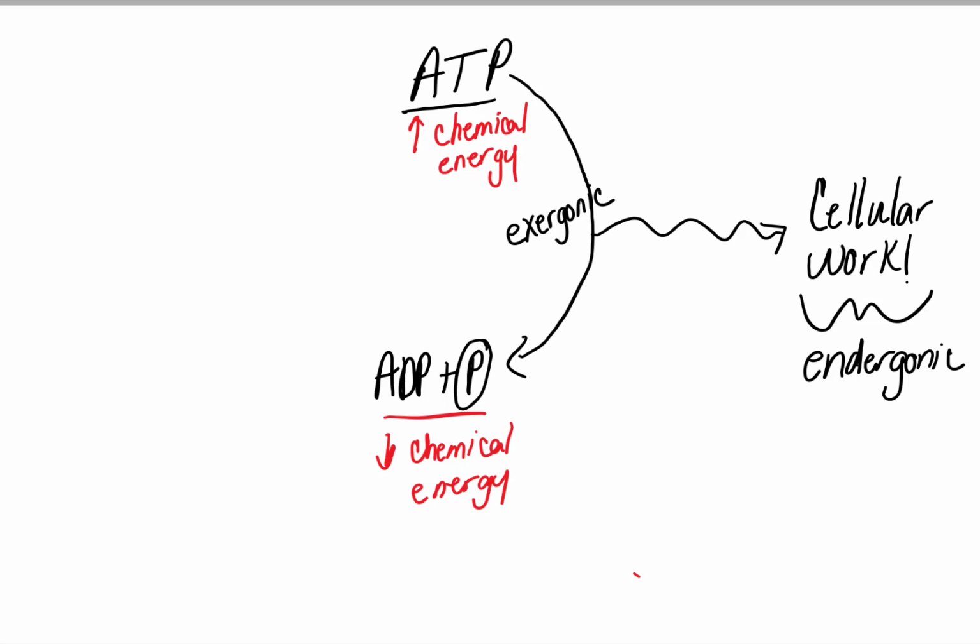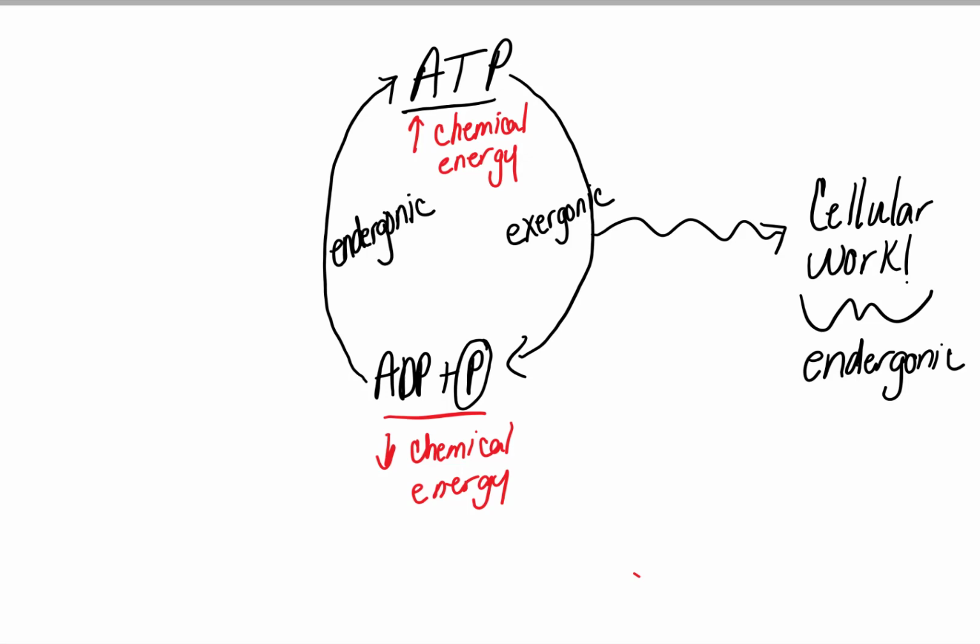Now, ultimately, we talked in the last module that we're not going to remake ATP every time we use it, every time we hydrolyze it, but instead we can add that phosphate back onto ADP to generate ATP. Now, if we're going from lower chemical energy reactants, ADP and phosphate, to higher chemical energy products, which is ATP, this is considered an endergonic reaction.